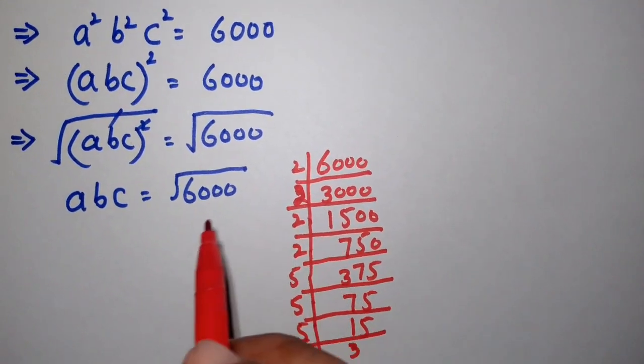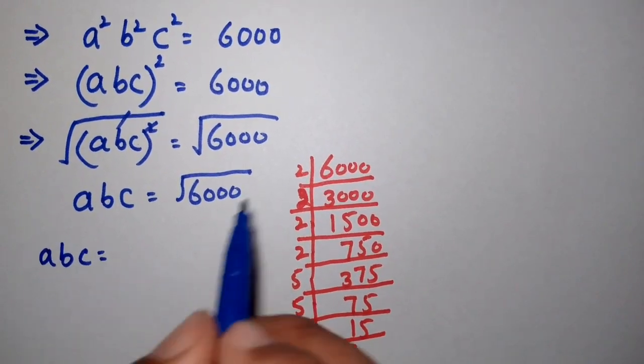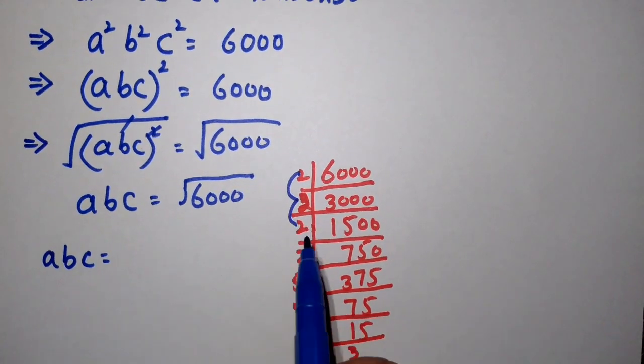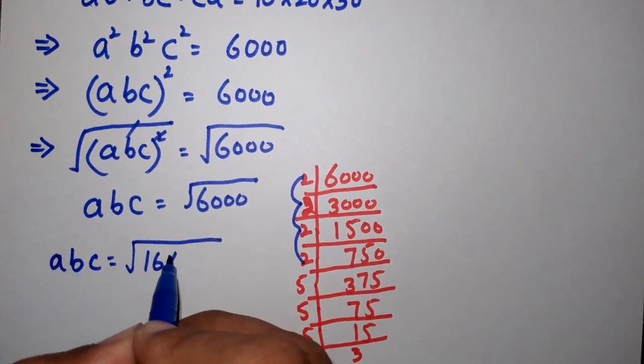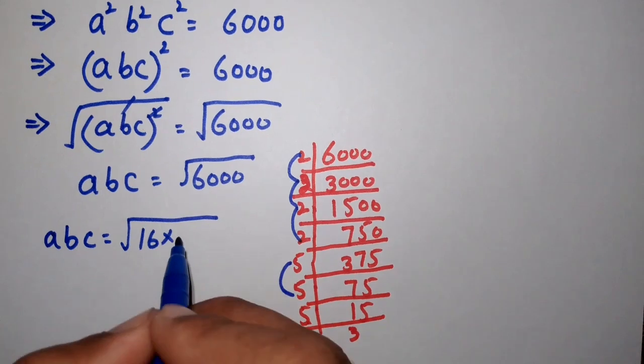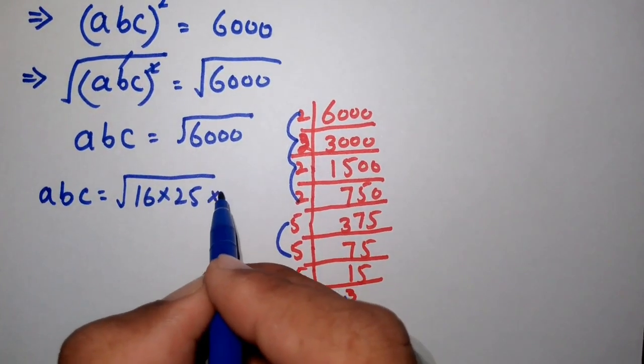So we know that ABC is equal to 2 2s are 4, 4 2s are 8, 8 2s are 16. Square root of 16 multiplied by 5 5s are 25, and 5 3s are 15, multiply 15.